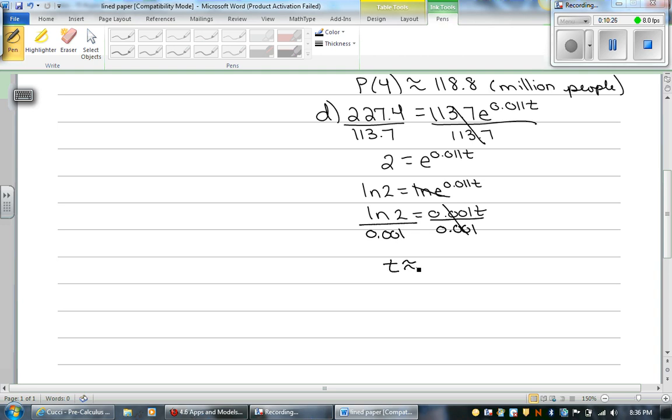And we get t to be approximately 63. Okay, so the population of Mexico will be doubled that of which it was in 2011, approximately 63 years after 2011. Okay, so 63 years after 2011, the population will be doubled.